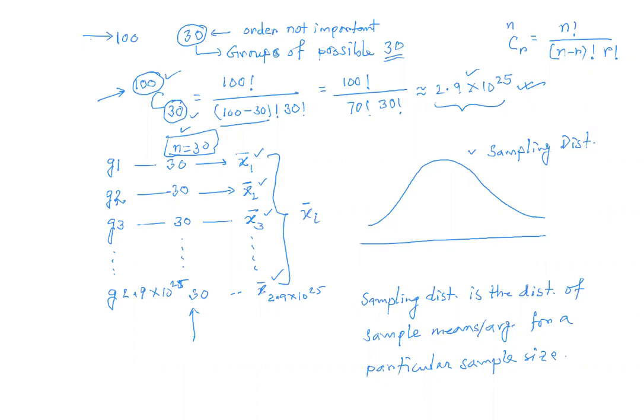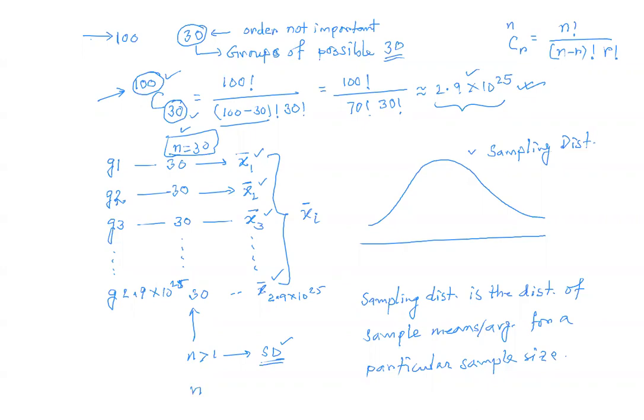Now, remember, there is a little observation here. When your sample size n is greater than 1, that's when you're dealing with a sampling distribution.